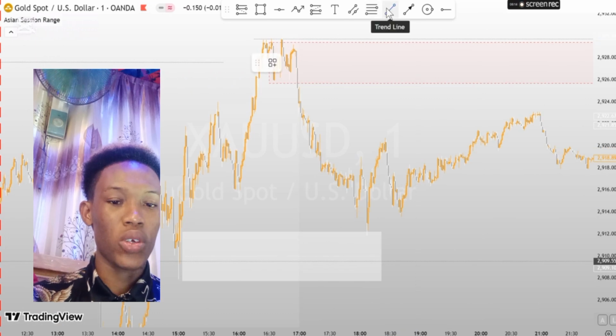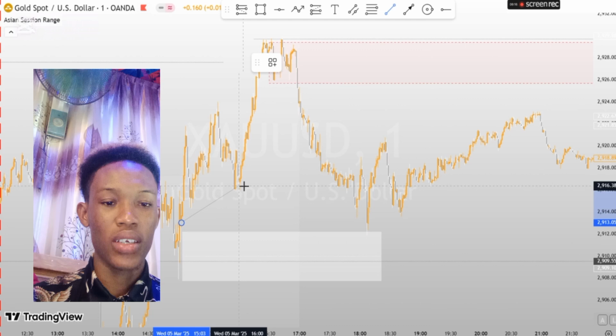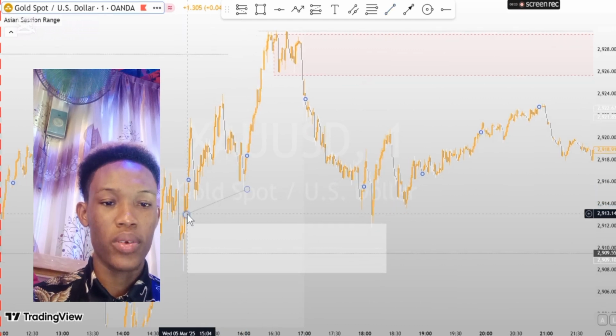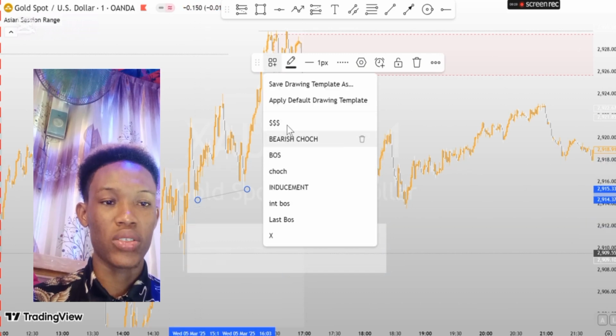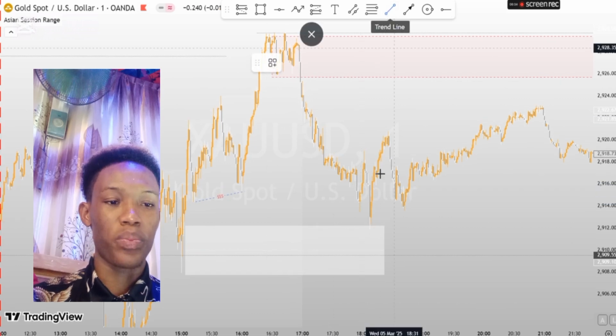So I spot that this was a demand zone, and why the price respect this demand zone, I saw that there was more like a liquidity that price came to sweep, right? After it's a break of structure and it's a valid demand zone, right? So this was the liquidity price came to sweep, tapping into the zone.